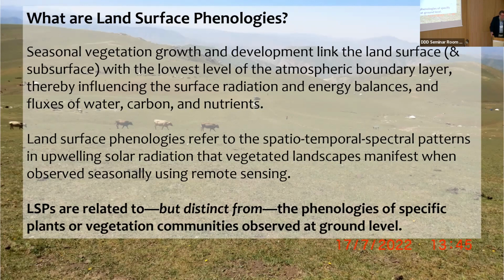Land surface phenologies are distinct from, but related to, those specific phenologies of plants, and then the much more ill-defined idea of the phenology of vegetation communities. How do you put together all of those things into a coherent set? Well, part of the challenge with remote sensing is we blur a lot of things, and things that are distinct at the organismal level are obscured when viewed by remote sensing.